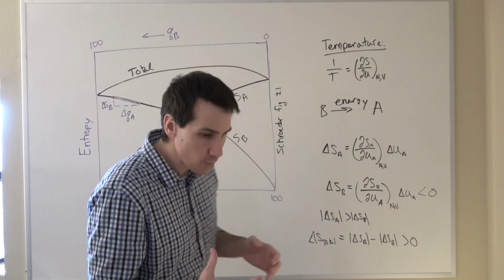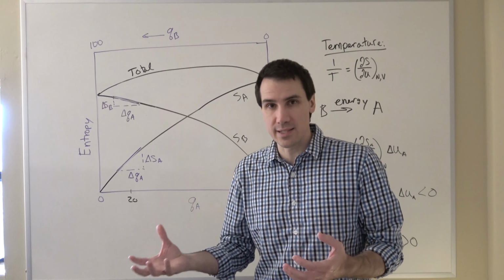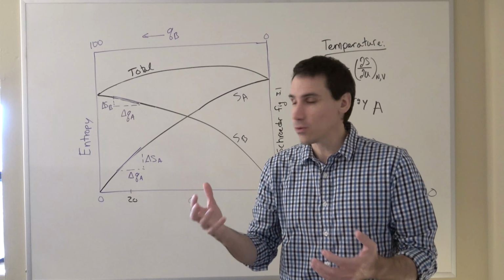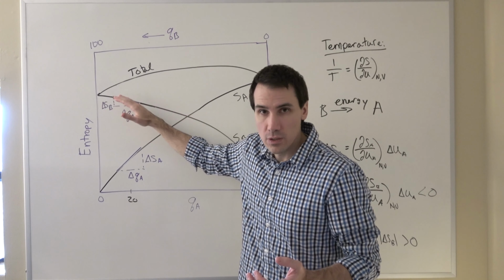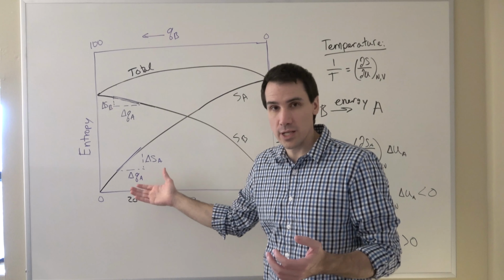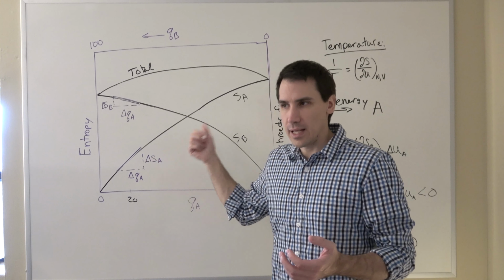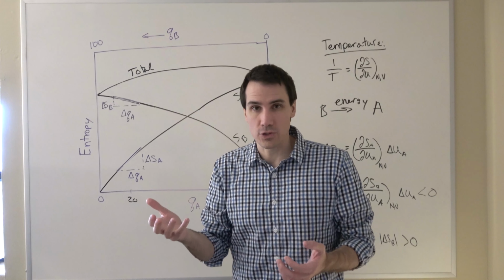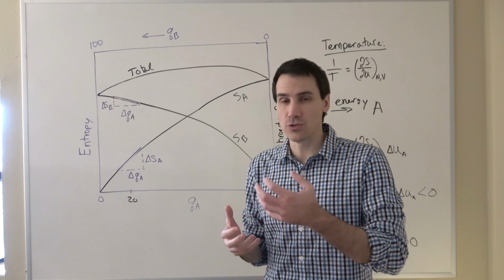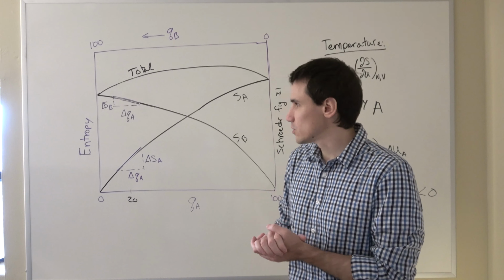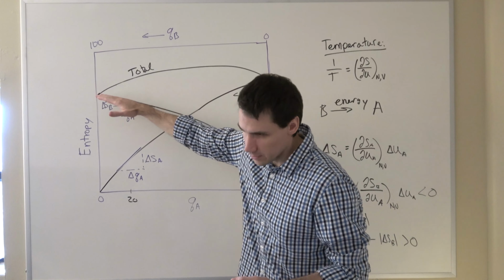And since we know from the second law of thermodynamics that the total entropy of the universe tends to increase, we can assume that objects with a shallow slope will tend to give energy to objects with a steeper slope. And if we then want to relate that to temperature, we know that hot objects tend to give energy to cold objects. So you would think that if you have a shallow slope, you tend to give energy up.